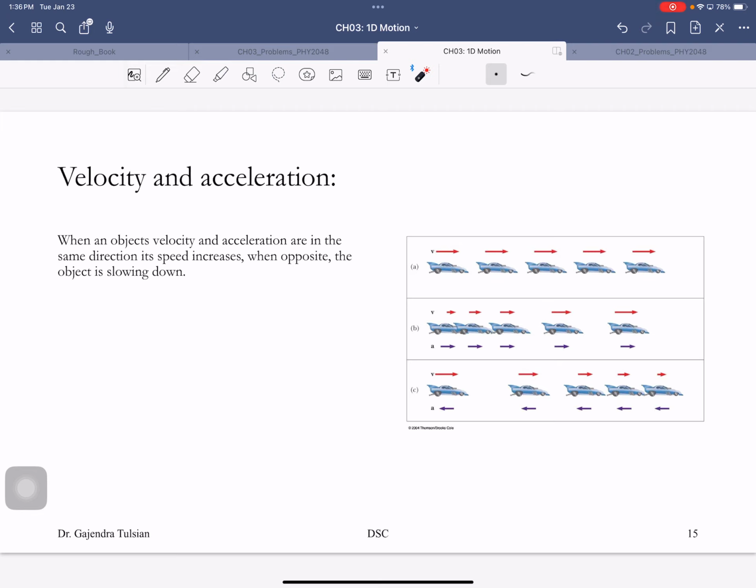Here the magnitude was decreasing, and so the acceleration is pointing in the opposite direction. So when acceleration points in the same direction as your velocity, your speed increases. When the acceleration points in the opposite direction as your velocity, your speed decreases. Right now, we are considering situations where only the magnitude of the velocity is changing. We're not considering directions changing. We'll consider that next chapter.